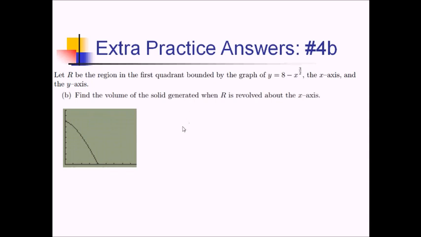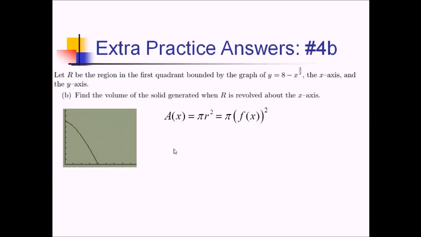So I'm going to write A of x equals pi r squared, and r is just the distance of this bounded region edge here to the axis of revolution. So that's just a distance of whatever this function is, f of x. So I'm just going to write pi times f of x squared. And now this is what I'm about to integrate.